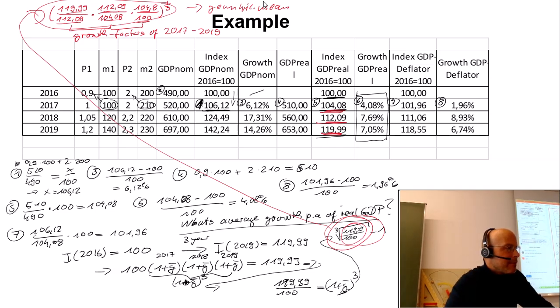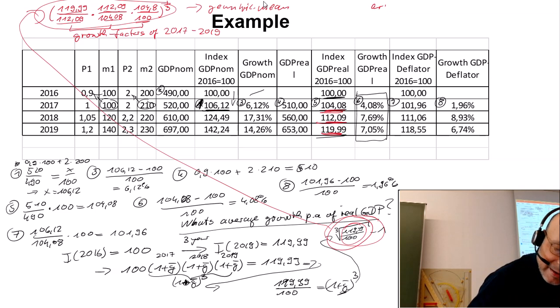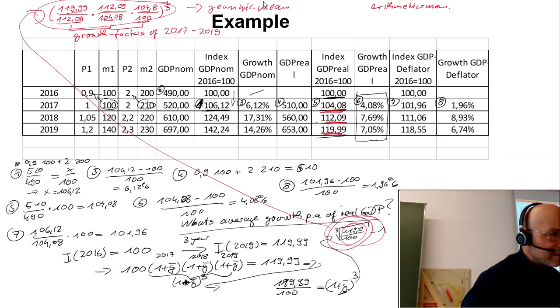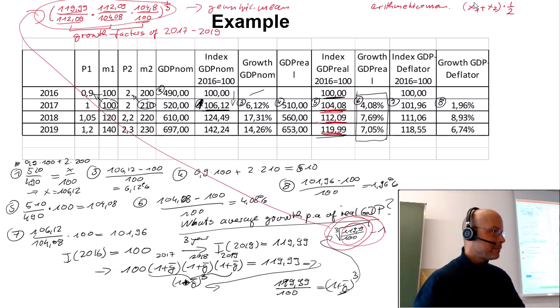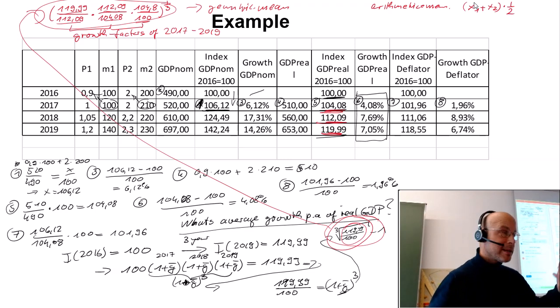Have you talked about different means in mathematics? Or in statistics? Statistics, then it's good if you have already seen it. Well, the arithmetic mean is just defined as, let's take two numbers, x1 plus x2 times 1/2. Yeah? This we always have in mind when we are averaging.